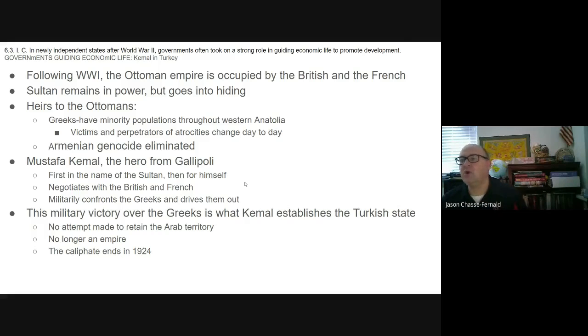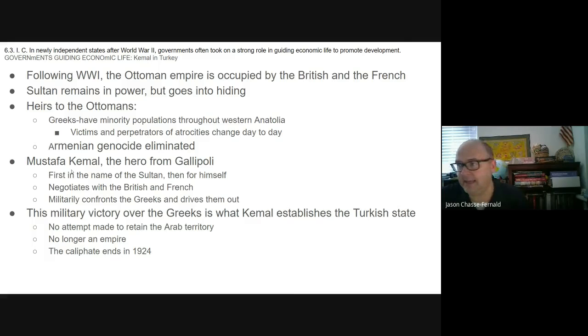You factor in those kinds of conditions, and people are going to be willing to accept changes that would be unthinkable under other situations. But of course, we also need to think about who's going to usher in those changes. And of course, insert Ataturk.